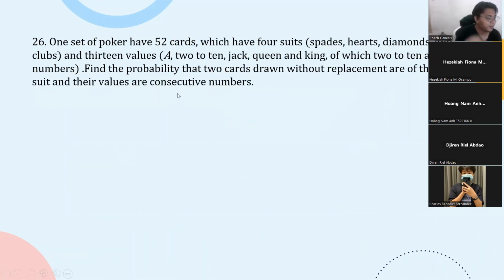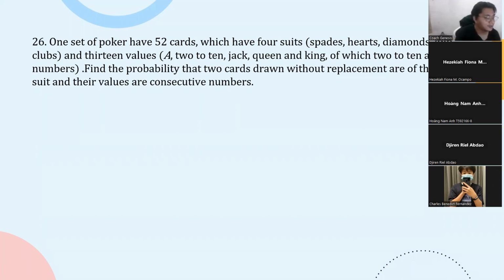For 26, one set of poker has 52 cards, which have four suits: spades, hearts, diamonds, and clubs. And 13 values. So values and numbers are not the same.